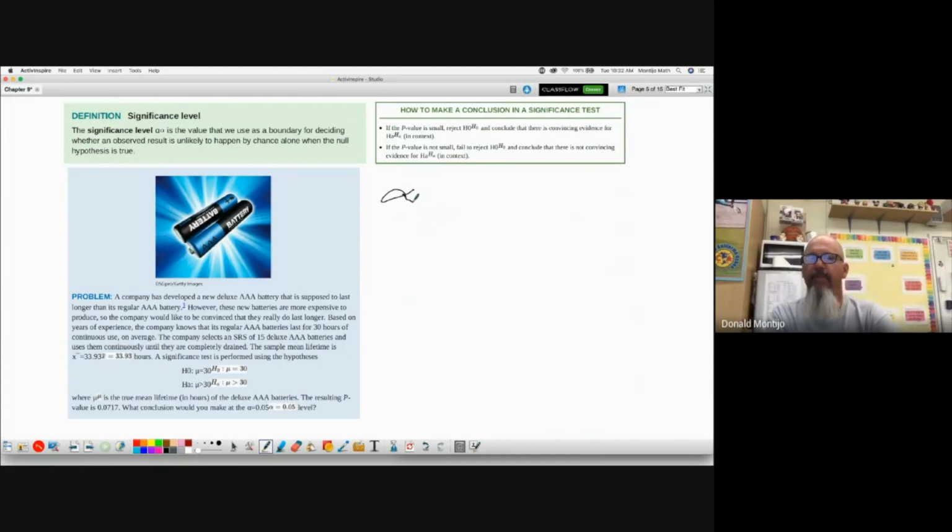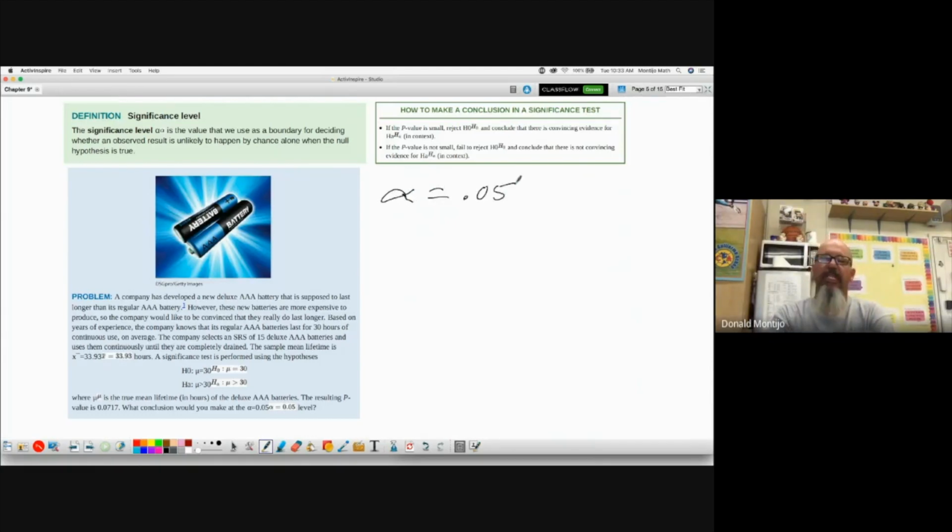Okay, so if the p-value is small, how small? Less than the alpha level, then we would reject the null in favor of the alternative. So how small does that p-value have to be? It has to be less than the predetermined alpha level. If the alpha level is not given to us, we will use 5%.